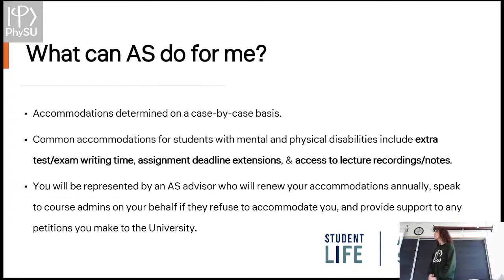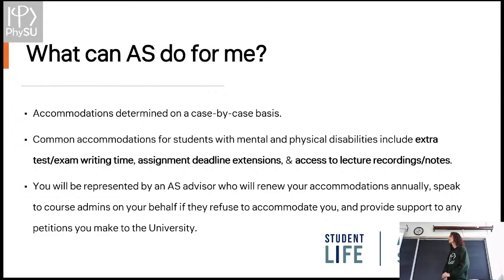Accessibility services will represent you with a student advisor who will renew your accommodations annually, who will speak to course administrators in case you have a problem that needs to be mediated. If they refuse to accommodate you, for example, which tends to happen sometimes when professors are not fully aware of your accommodations.